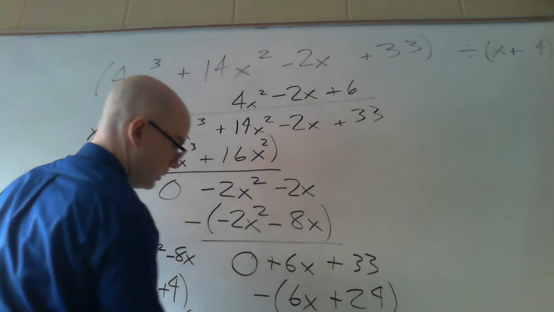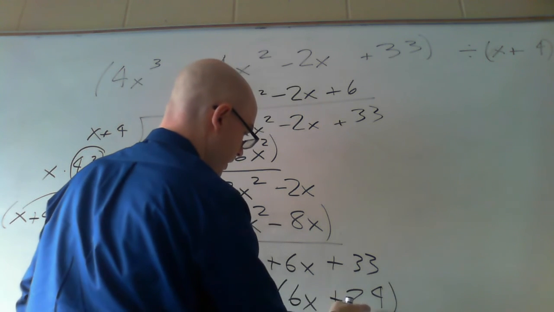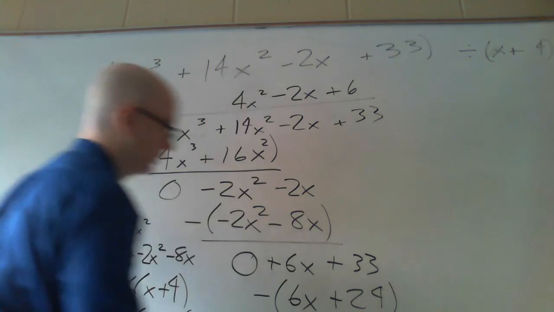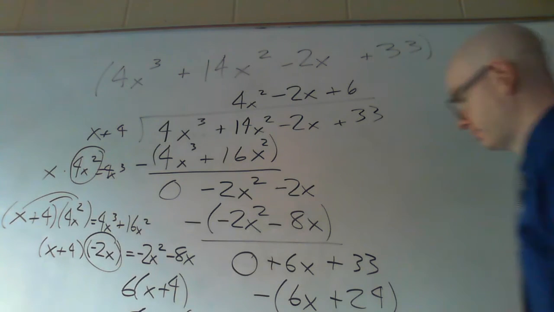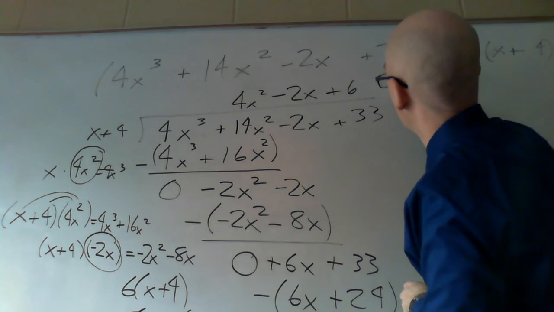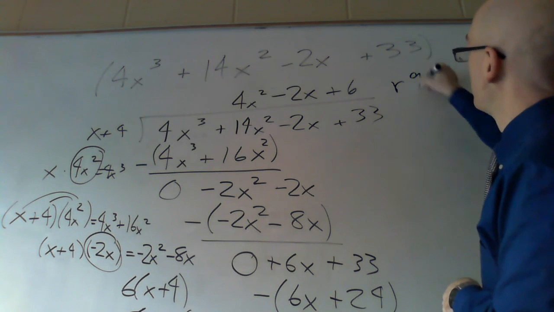The negative distributes. That is now 0. 33, negative distributes. 33 minus 24 leaves us with 9. Positive 9. And so we would have a remainder of 9.